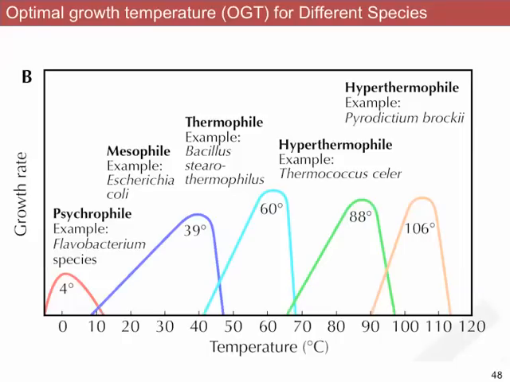Once you cross over about 50 degrees Celsius for the optimal growth temperature, these are what are called thermophiles. So this is a plot for Bacillus, this particular low GC gram-positive species that grows optimally at 60 degrees Celsius. And when you cross over about 85 degrees Celsius, the organisms are called hyperthermophiles.